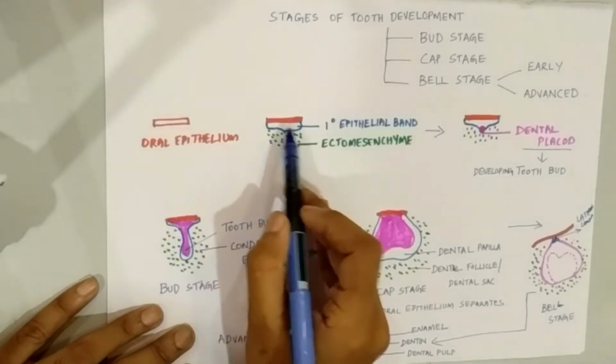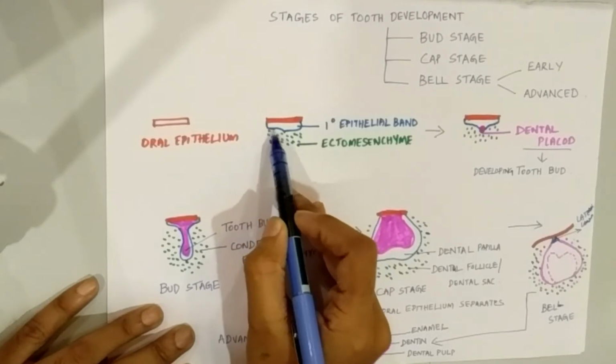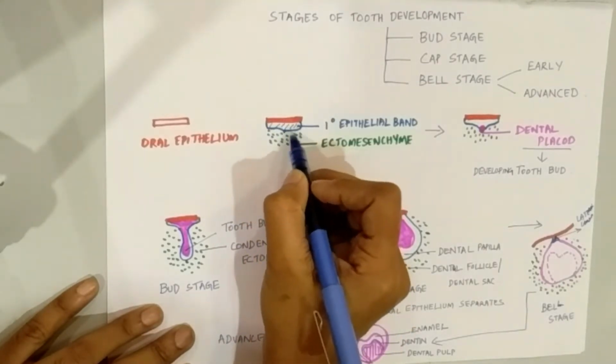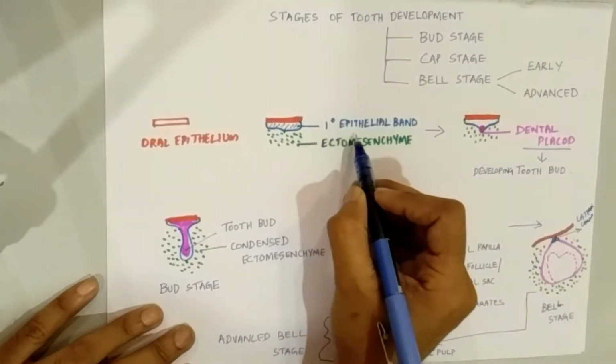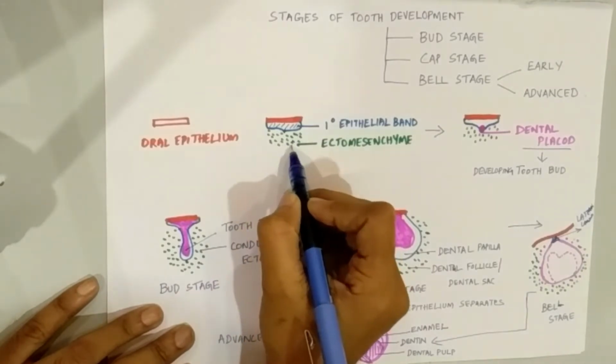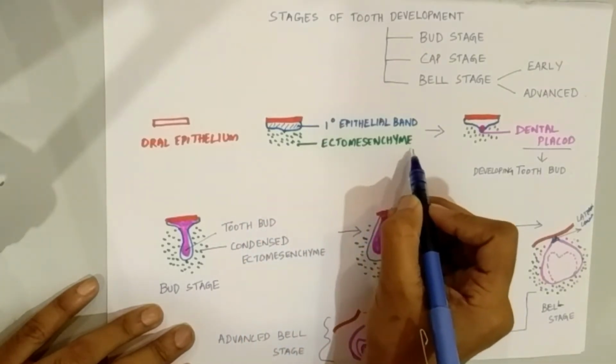The epithelial cells of the oral epithelium constitute the primary epithelial band, and it is surrounded by ectomesenchymal cells, or simply the ectomesenchyme.